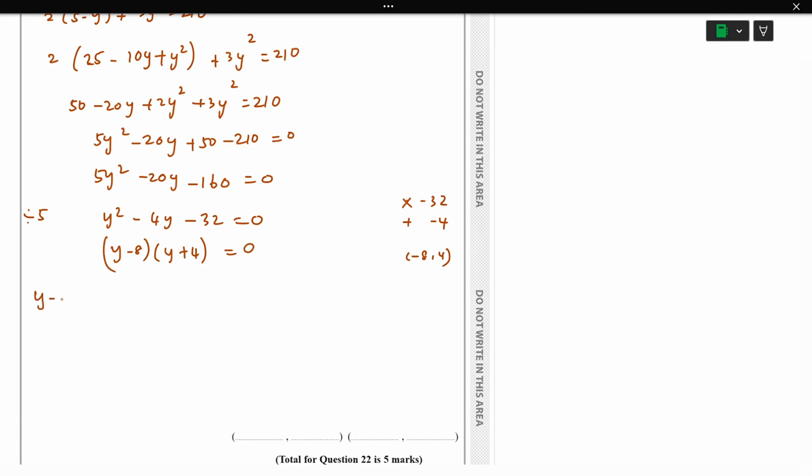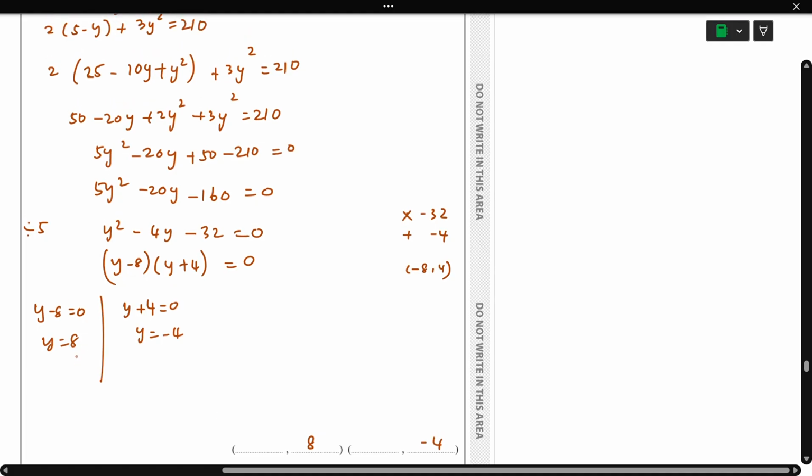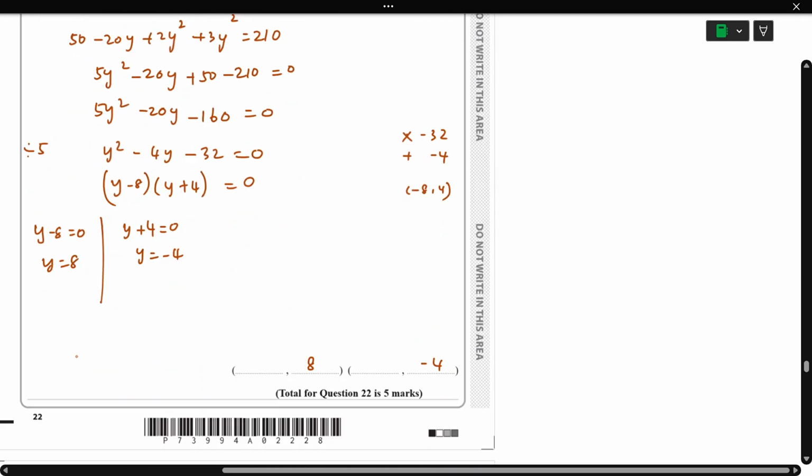Now y minus 8 equal to 0 or y plus 4 equal to 0. So y equal to 8 and y equal to negative 4. I got the y values: one is 8 and one is negative 4. Now I need to find out x. The equation is x plus y equal to 5.